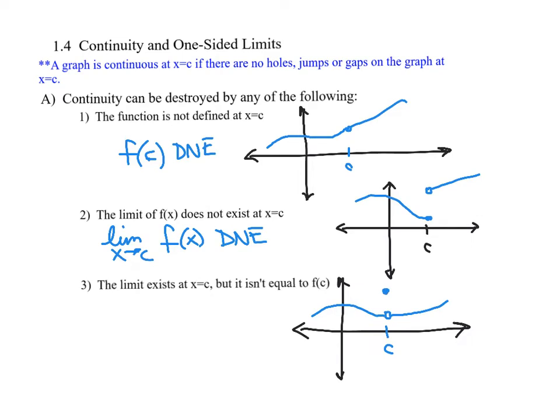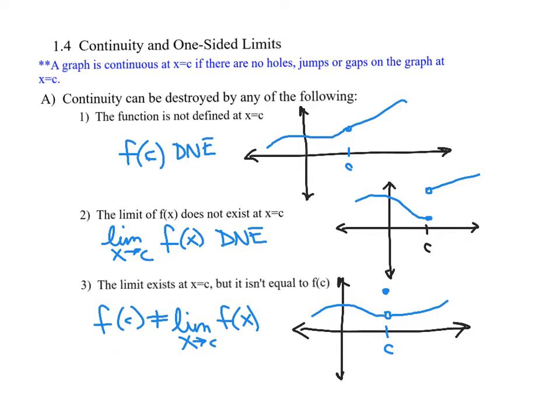So what happens in this situation is that the function value at c does not equal the limit as x approaches c of that function. You'll notice on the diagram that the limit would approach this point right here, while the function value is way up here, so they don't match each other. And when that happens, I don't have a continuous function at x equals c.